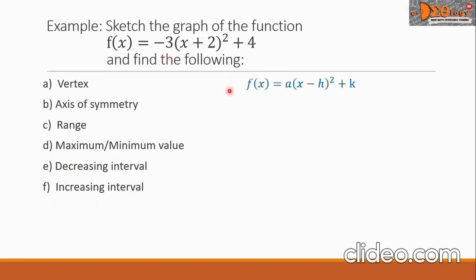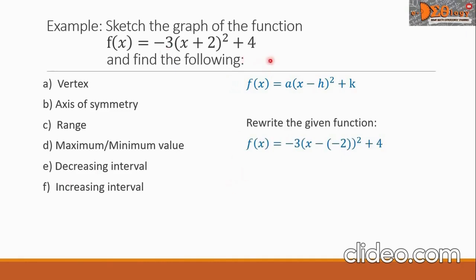From the standard form of the quadratic function, as written here, we can collect the vertex immediately. However, let us make sure that the given function is in the standard form, or we may rewrite the given function in the same way as our standard form, and it will be like this.